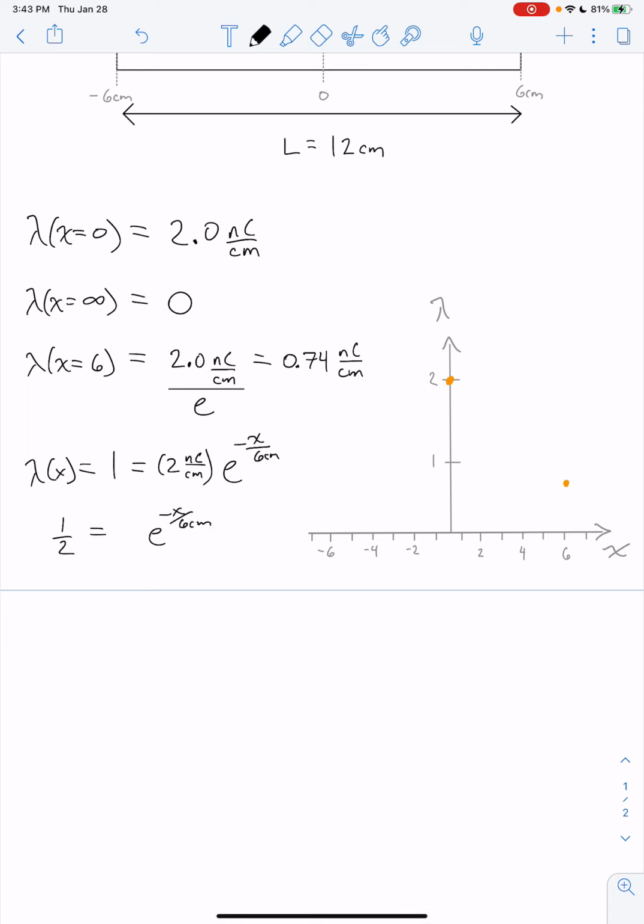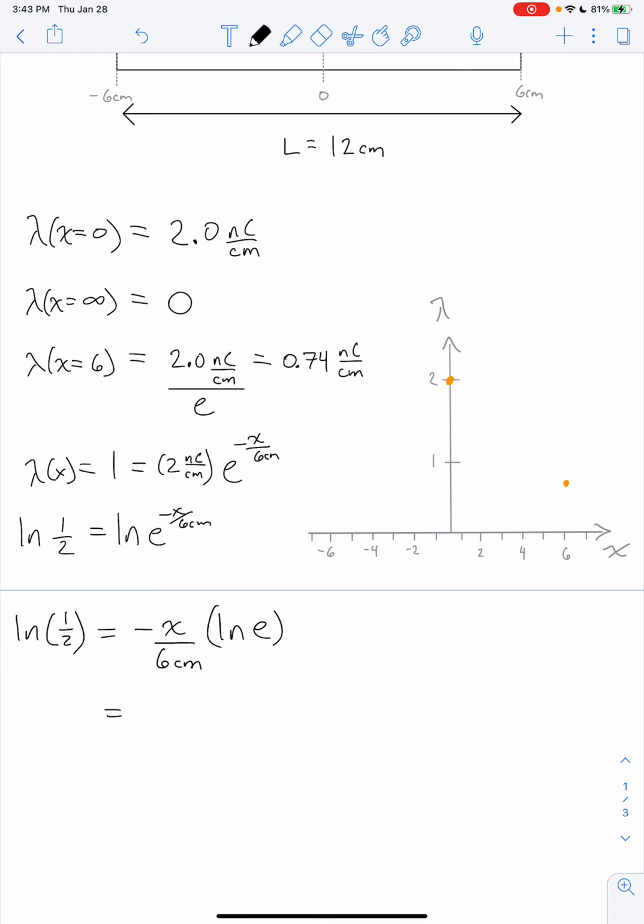And then to get things out of that exponential, I'm going to do ln of both sides. Because when you do ln of both sides for this type of function, you can now get that term out front. So we get negative x divided by 6 centimeters out front of ln e, and then ln 1/2.